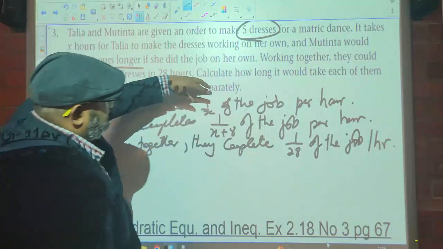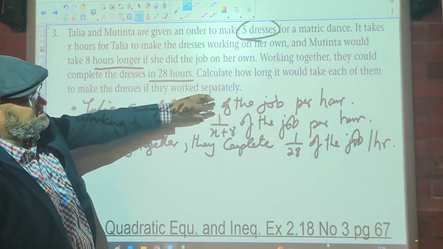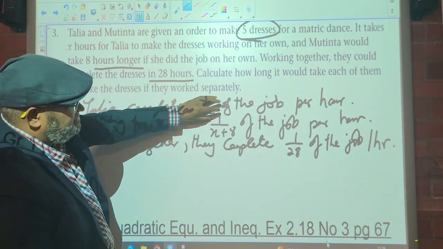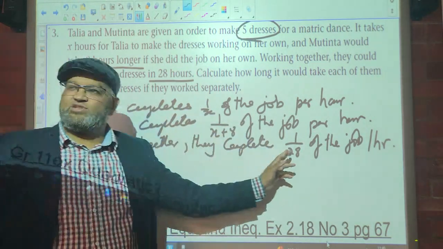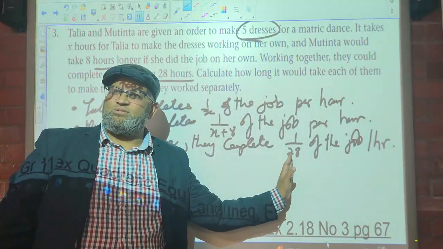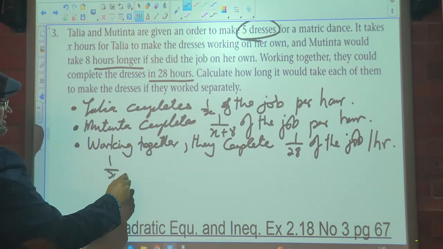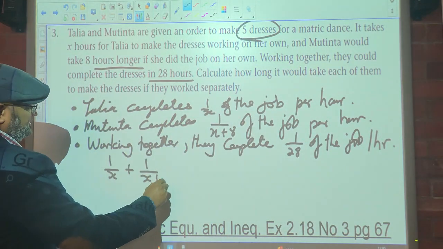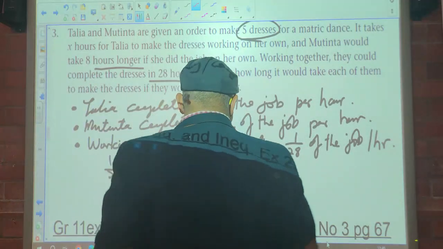Now remember, if I take Talia's amount per hour and take Mutinta's and add them together, we should get 1 over 28. That is what it means to work together. Not so? Which means 1 over X plus 1 over X plus 8 is equal to 1 over 28. People, what's the LCM here?